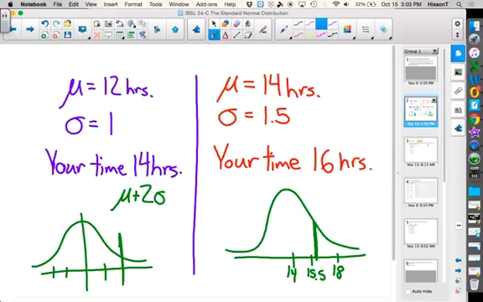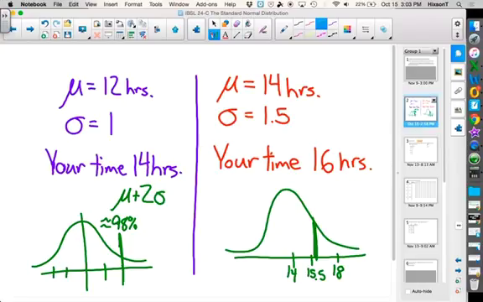So you're right, in this second year, you actually performed better compared to the rest of the field. In fact, we'll round up to the 98th percentile as far as being slow.